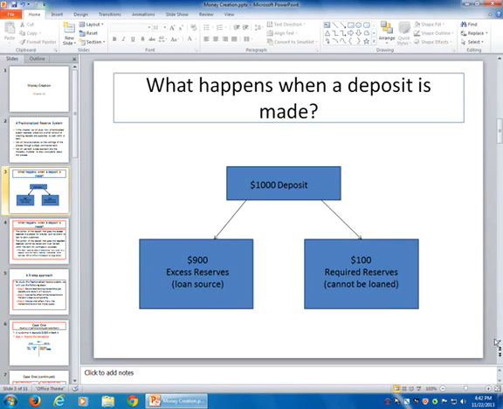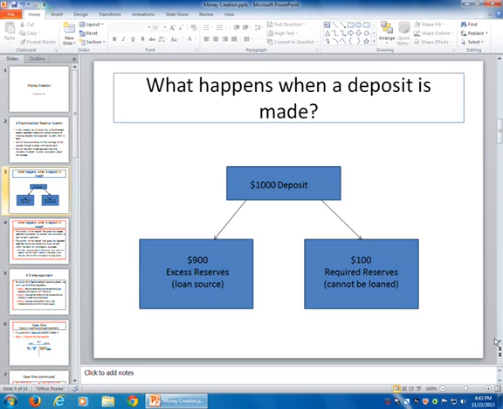Now, the amount that goes into required reserves cannot be loaned out by the bank. Banks make the bulk of their money through loaning activity. So when you make a deposit in a bank, the bank will use some of the proceeds to make loans, because they make a significant amount of their income through loaning.